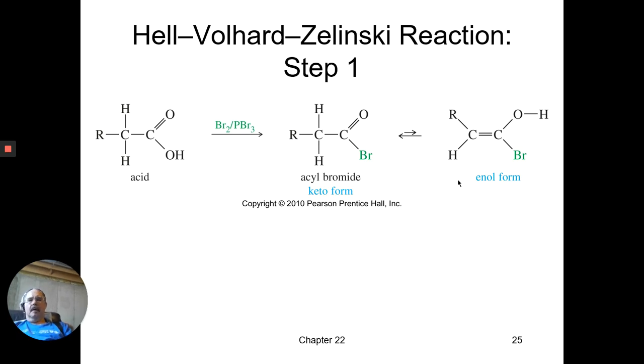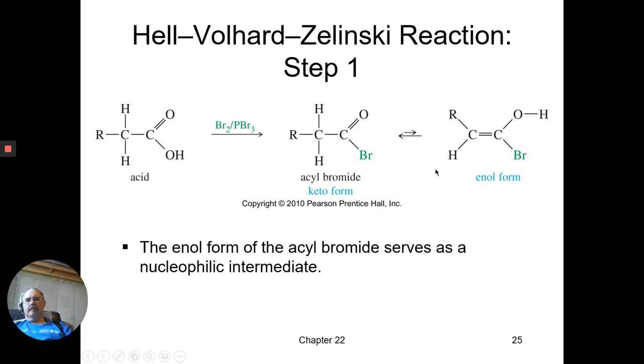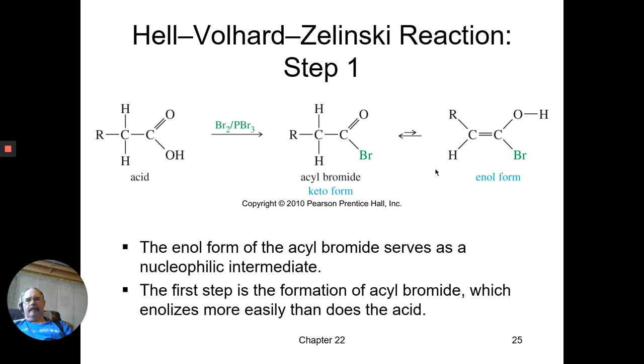So with Br2 and PBr3, we form the acyl bromide, and this undergoes equilibration between the keto and enol form. And the enol form serves as a nucleophilic intermediate. The acyl bromide enolizes more easily than does the acid.